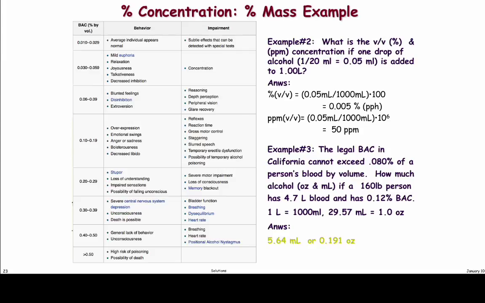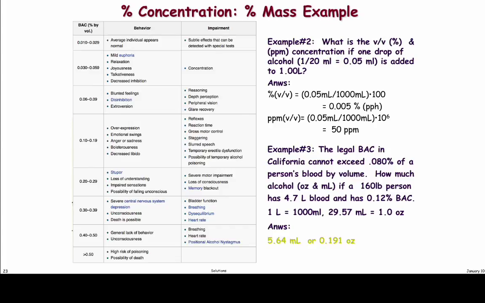If you have 0.03 to 0.059, then you have a mild euphoria. You feel relaxed, you feel joyous, very talkative. You have a decrease in inhibition. Basically you can muster up the courage to ask a date out or to hit on someone. And your concentration is impaired.